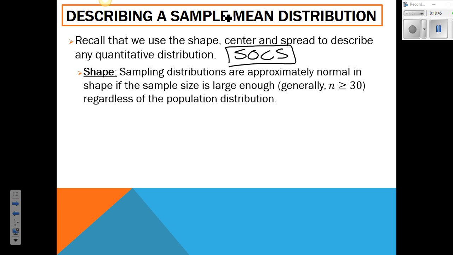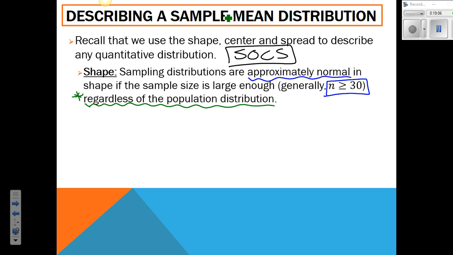Sampling distributions are approximately normal if your sample size is large enough. And this is a big bullet point again. This is because of the central limit theorem, and that's regardless of the population distribution.